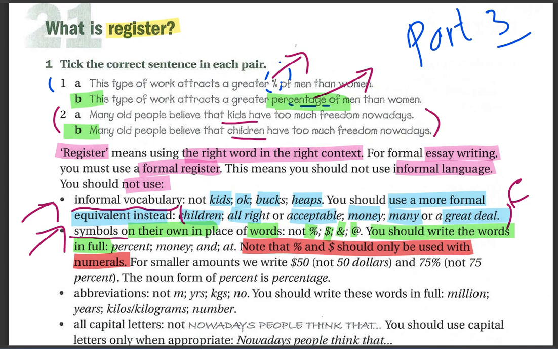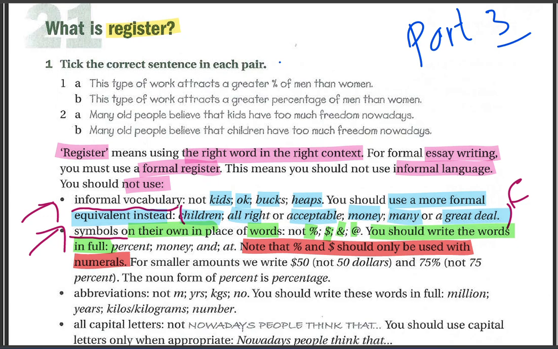But when you mean it in general, you use the word. Look at here, the first sentence of the question: attracts a greater percentage of men. In here we don't have any number, so we don't use the symbol, we use the word.